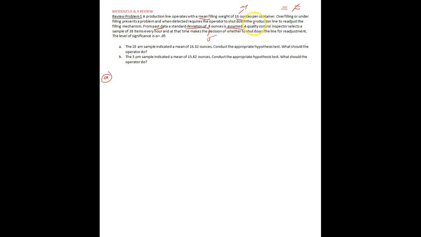The past data is an important phrase. These speak of a parameter, some aspect of the population, not some aspect of a sample. Okay. Quality control selects a sample of 30 items, so that's our sample size n. And makes the decision whether to shut the line down, and a level of significance is given to us there. So great. Okay, so let's go ahead and get started.